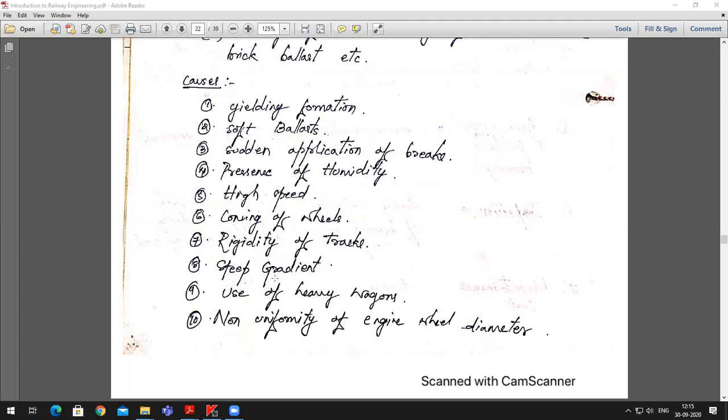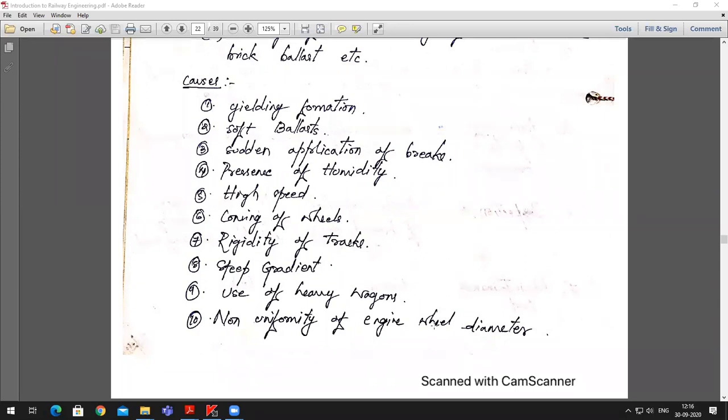Then steep gradients, as I said, it might be an ascending gradient or a descending gradient. And then also because of use of heavy wagons, if the vehicles are overloaded, then corrugations might take place on the rail section.